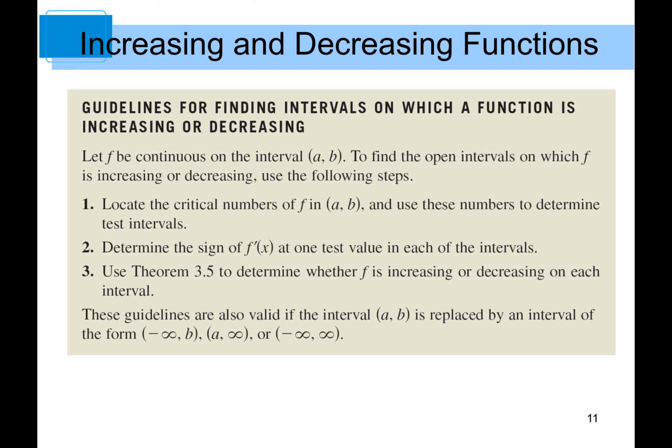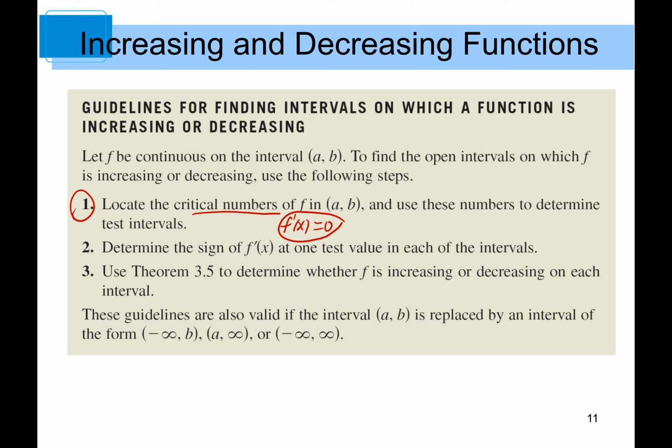So let's take a look at the procedure for finding the intervals on which a function is increasing or decreasing. Assume f is continuous on an open interval (a, b). To find the open intervals on which f is increasing or decreasing, use the following steps. First step, locate the critical numbers by finding the derivative and setting it equal to 0.